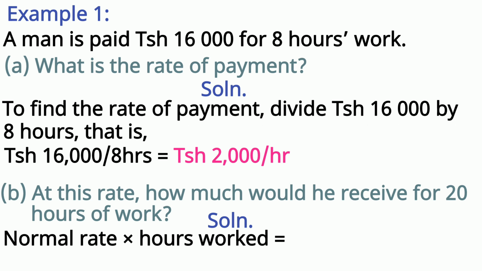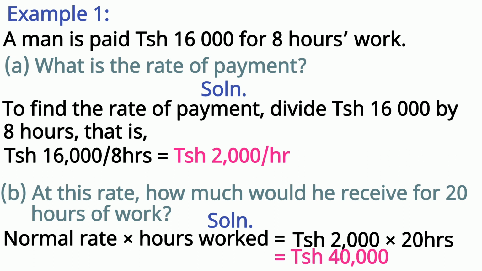So we take 2,000 T shillings times 20, and of course the answer is 40,000 T shillings, which means that if he works for 20 hours, he will receive 40,000 T shillings.